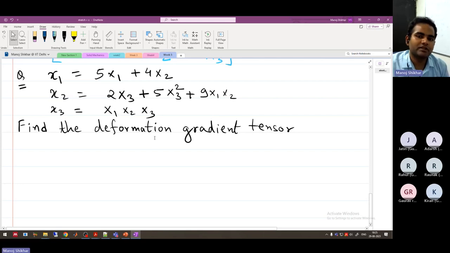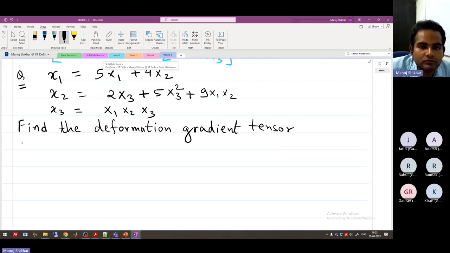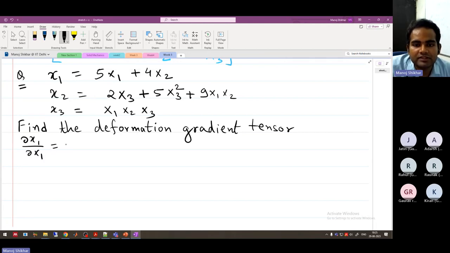What will be the steps? You need to find the differentiation of each of the terms with respect to the reference variables. So you do del x1 by del X1. What is this? 5. Del x1 by del X2. This is 4. Del x1 by del X3.